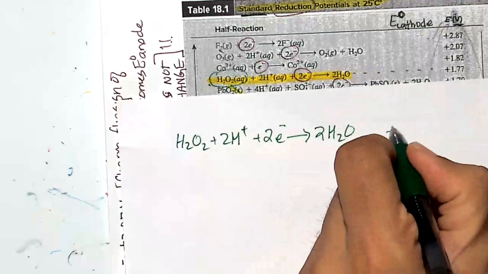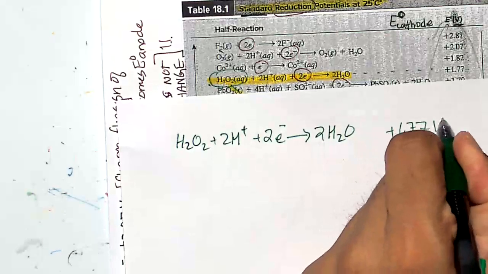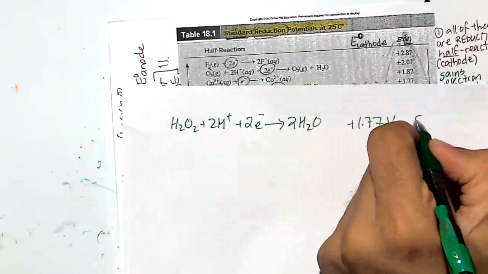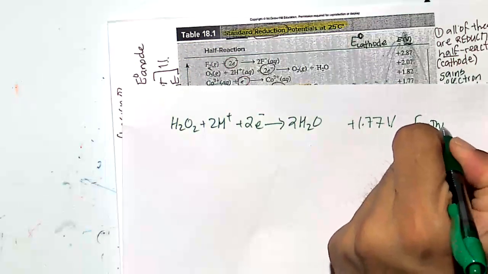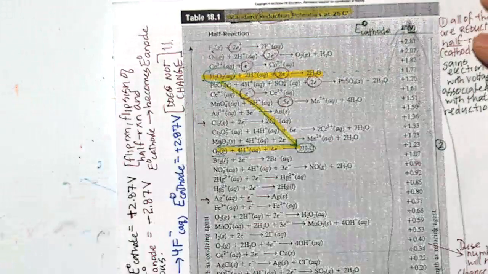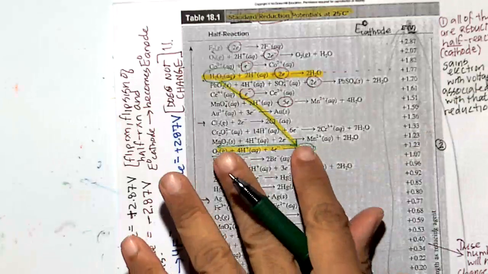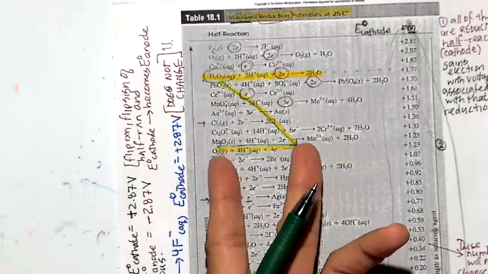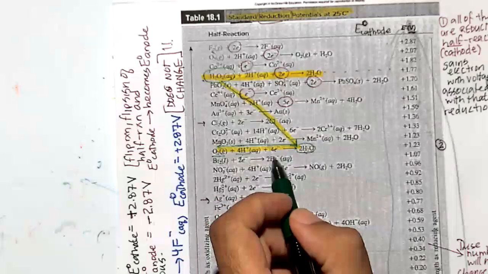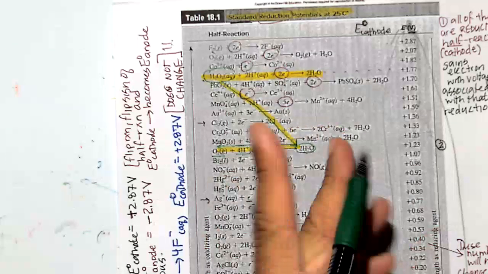Okay, what is that? Positive 1.77 volts. This is the cathode, because all of these are cathodes. I chose water. Can it flip water and get it to oxidize into O2 and 4H plus and lose 4 electrons?